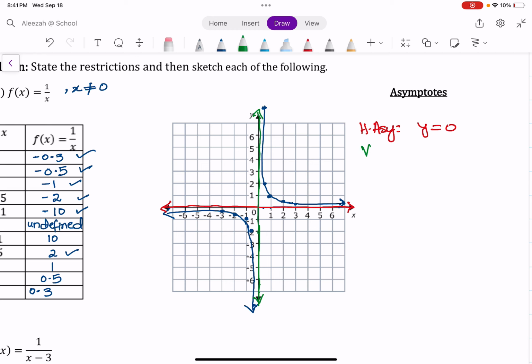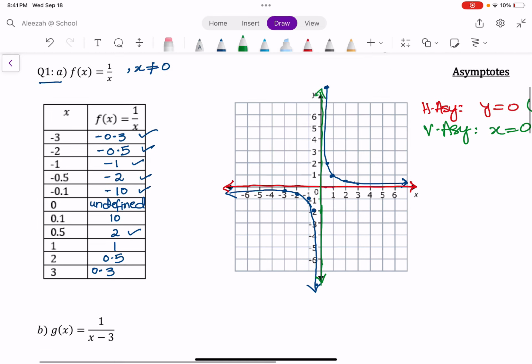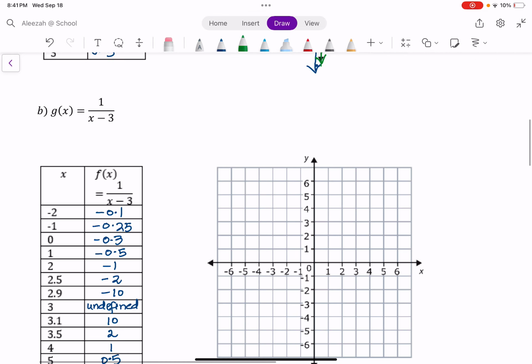So the vertical asymptote is x equals 0. That is the x-axis, and that is the y-axis. So this is how we can write the equation of asymptote, and this is how the graph will look like.